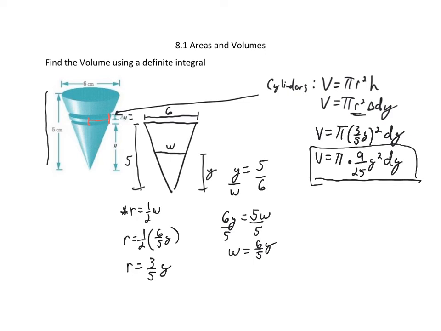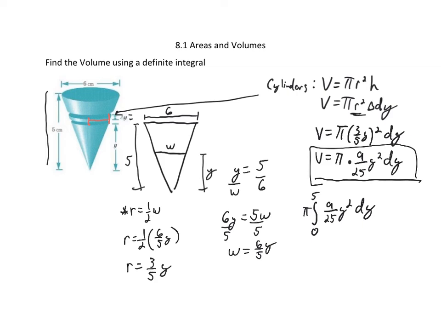But we don't want just one cylinder, we want this infinite sum of cylinders. So we're going to do the sum, or the definite integral from 0 to 5, of pi times 9 over 25 y squared dy. This actually isn't too bad of a definite integral.